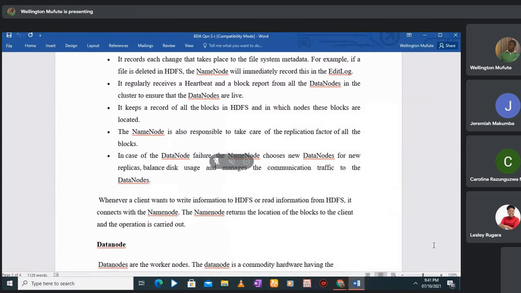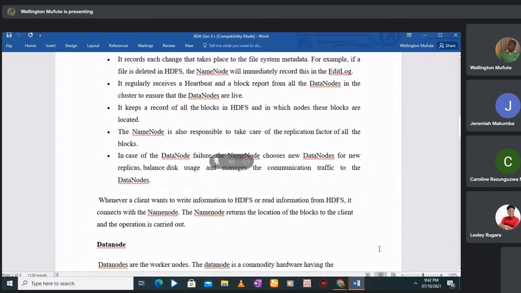The name node also keeps a record of all the blocks in the HDFS, and it is also responsible for taking care of the replication factor of all the blocks. So whenever a client wants to write information to the HDFS or read information from the HDFS, it connects with the name node, and then the name node returns the location of the blocks to the client, and the operation is carried out.